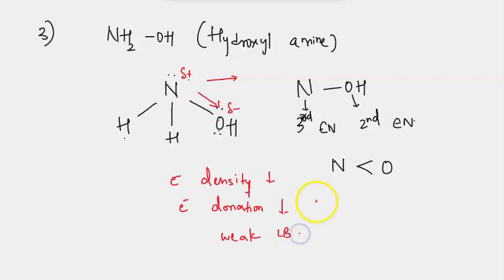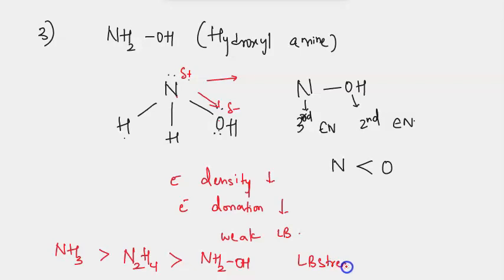Hence the order will be: ammonia being the strongest Lewis base, second strongest will be hydrazine N2H4, and third will be NH2OH. This is the Lewis base strength among ammonia and its derivatives.